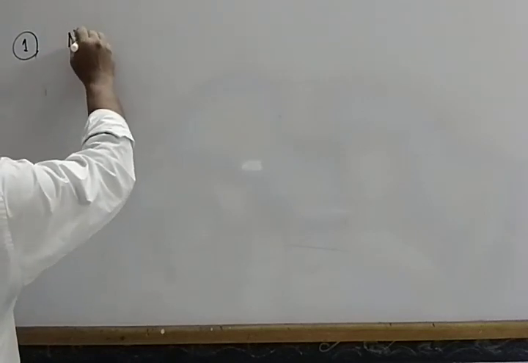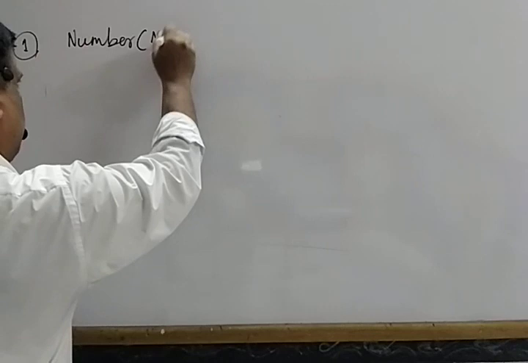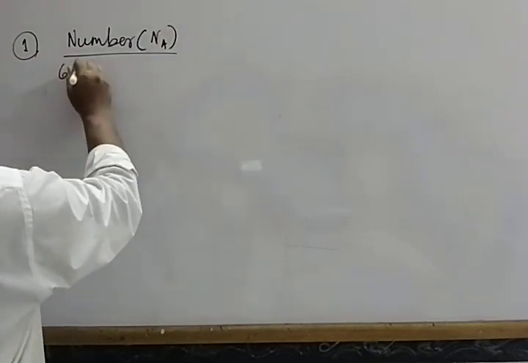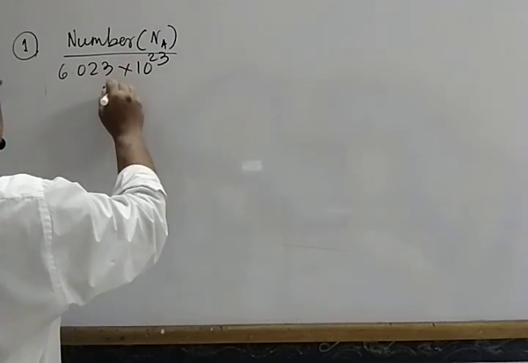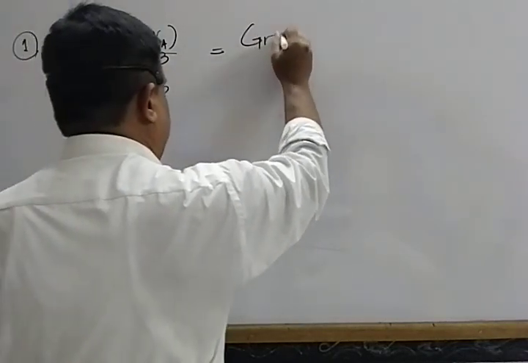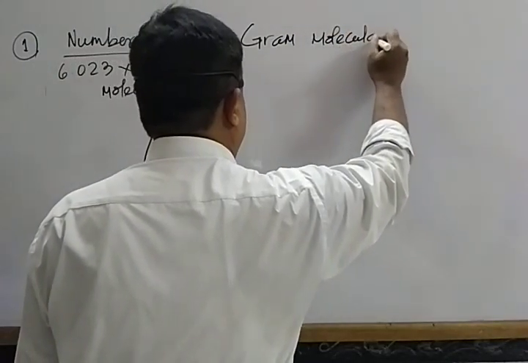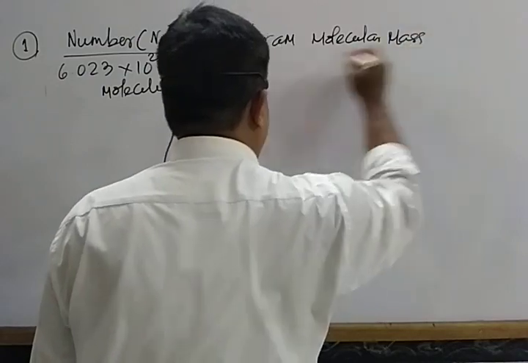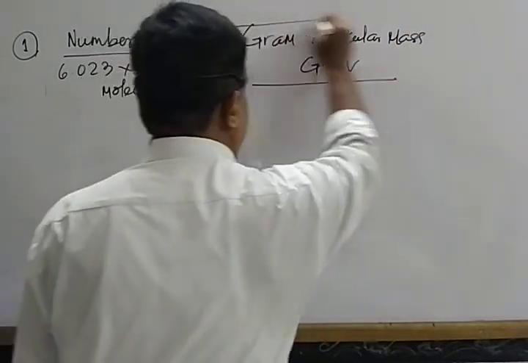First, mark that first relationship, that is a number, that means Avogadro number, 6.023 into 10 to the 23 molecules, with gram molecular mass, known as GMM.